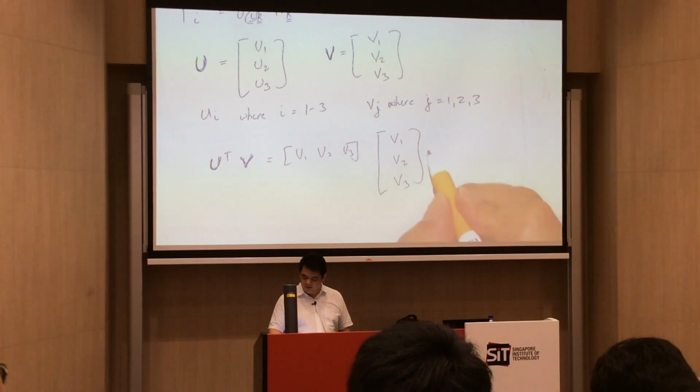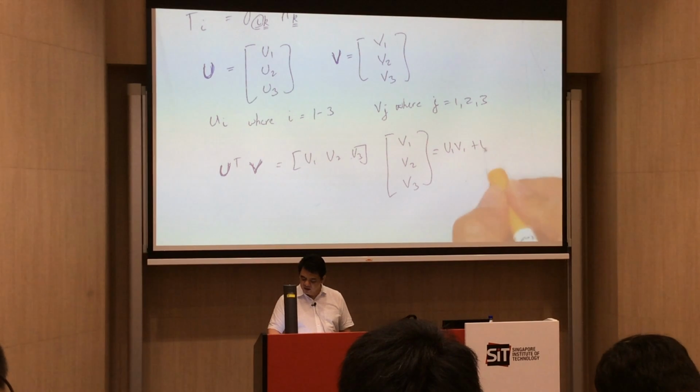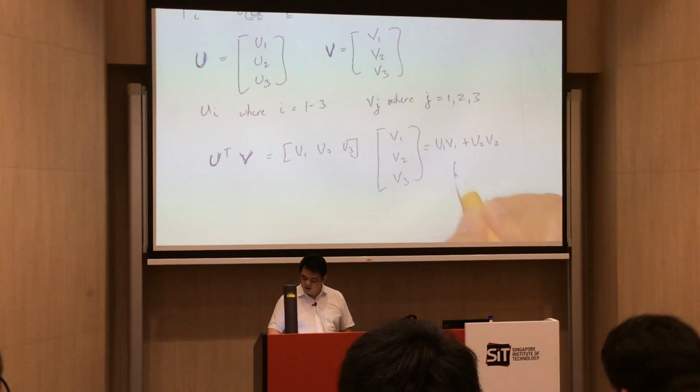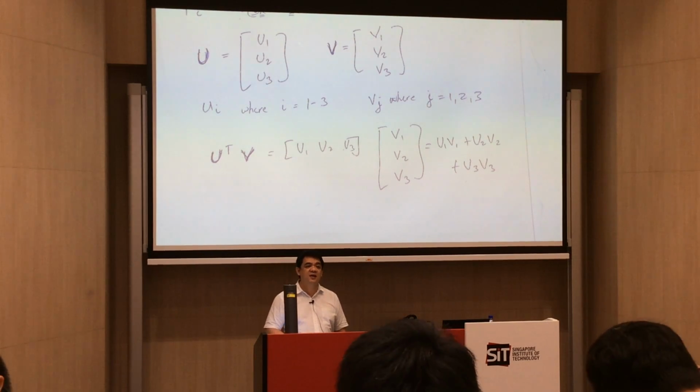So you're going to end up with U1V1 plus U2V2 plus U3V3, which is a scalar.